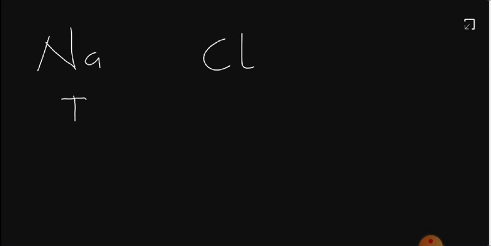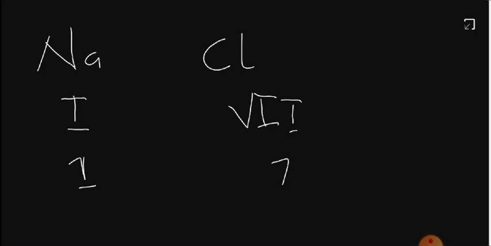So for example, I know that sodium is a metal and chlorine is a non-metal. And since sodium is found in group 1 of the periodic table and chlorine is found in group 7 of the periodic table, this means sodium has a valence of 1 and chlorine has a valence of 7.